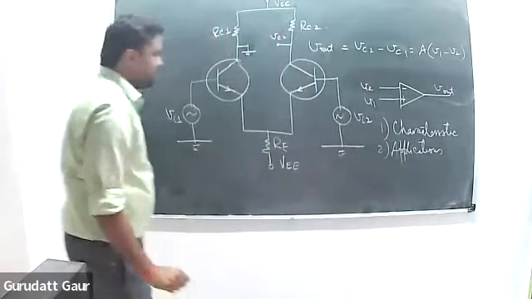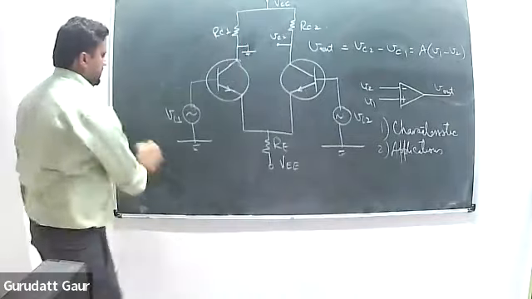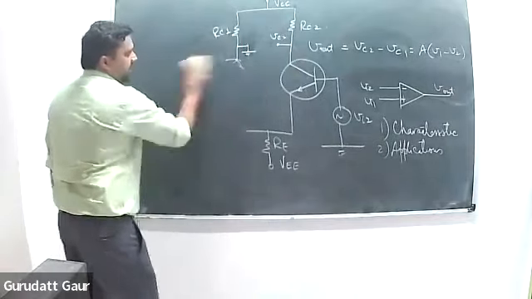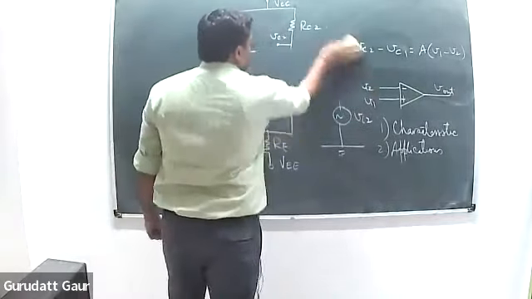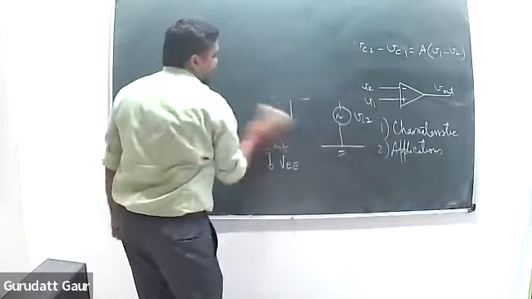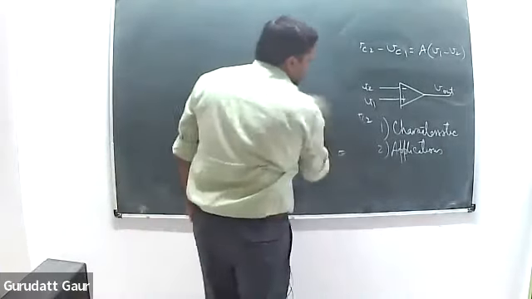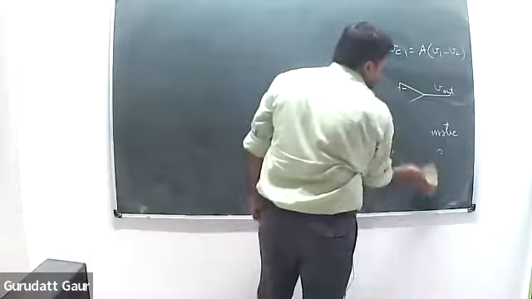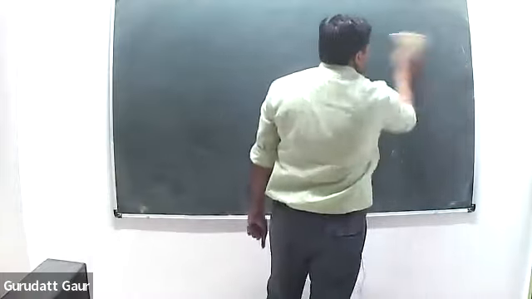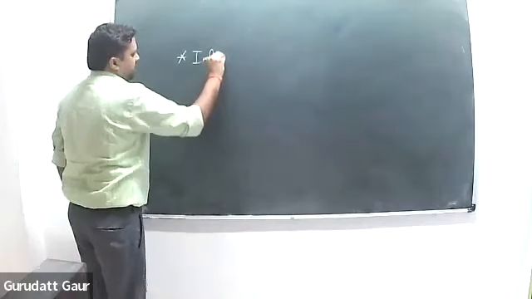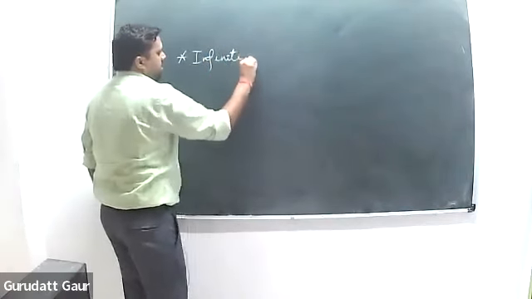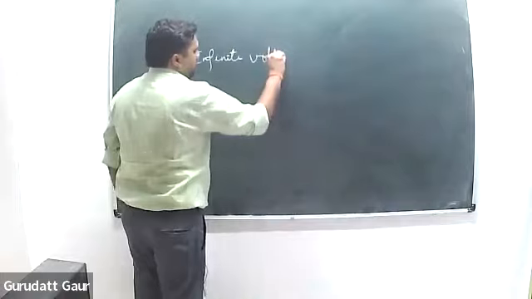The first property is that this gain, for an ideal operational amplifier, this gain is infinite. Infinite voltage gain. Okay.